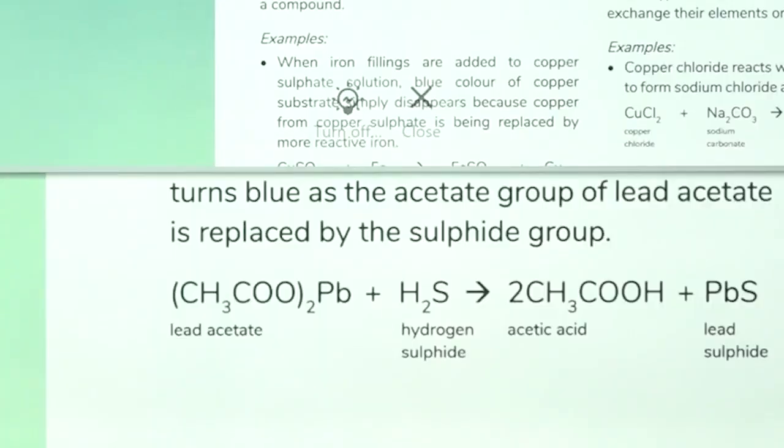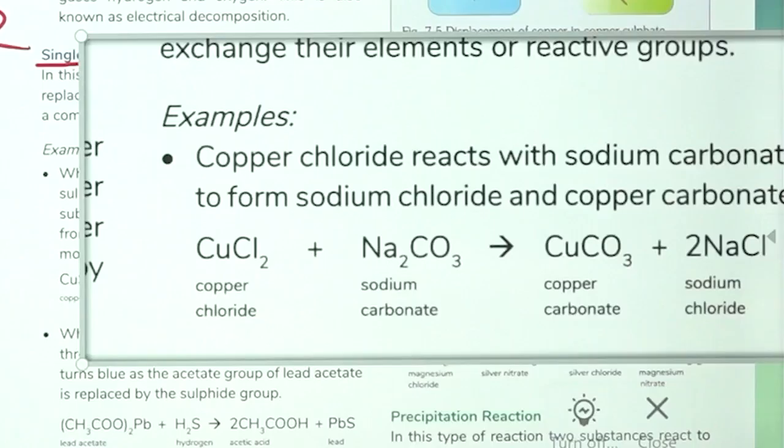Taking the example of lead acetate, when it reacts with hydrogen sulfide, it forms acetic acid and lead sulfide. Again in this reaction, we see that only one element is replaced or displaced from its original position. This reaction shows us a double displacement reaction.